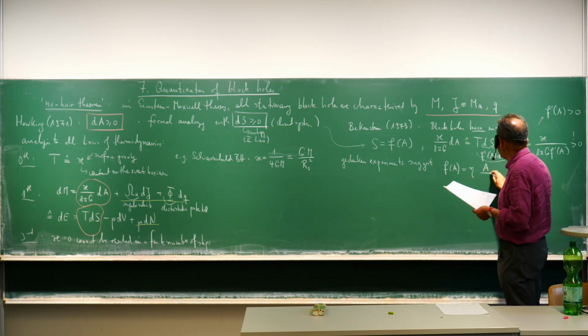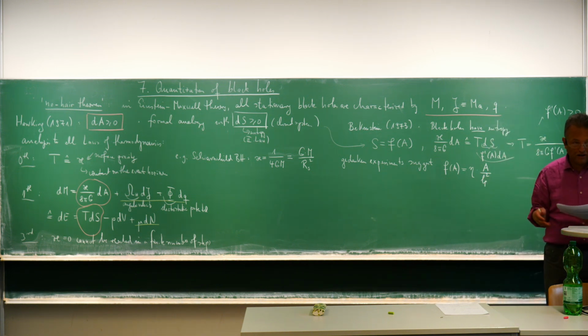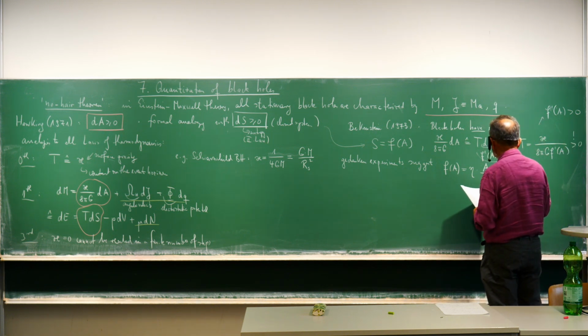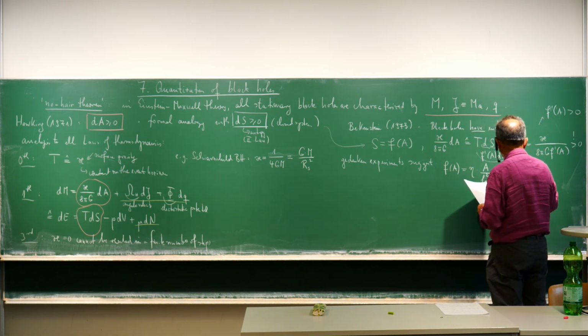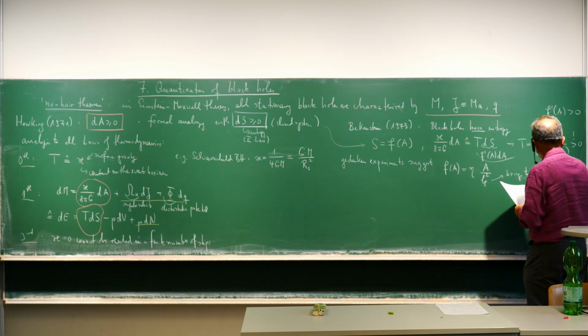And this is why the ansatz is that you divide by the Planck length squared. This of course brings h bar into play, and you will see that this is justified by the exact calculations.